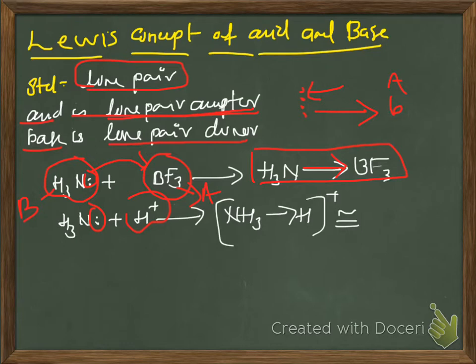For stability, H plus now needs 2 electrons, which are available from ammonia. So, ammonia donates the lone pair and acts as a Lewis base, and H plus accepts it to act as a Lewis acid. NH3 donates its lone pair to H plus and becomes NH4 plus, which we call ammonium, not ammonia, it is the ammonium ion.